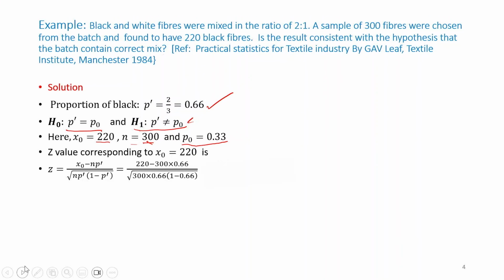If we try to calculate, this value of P0 should not be 0.33, it will be 0.66, because it is representing the proportion of black fibers which we want in the mixture, and that is 2:1. That means 2 by 3, that is 0.66. So this P dash is going to be this much, 0.66. P0 is what we have observed.